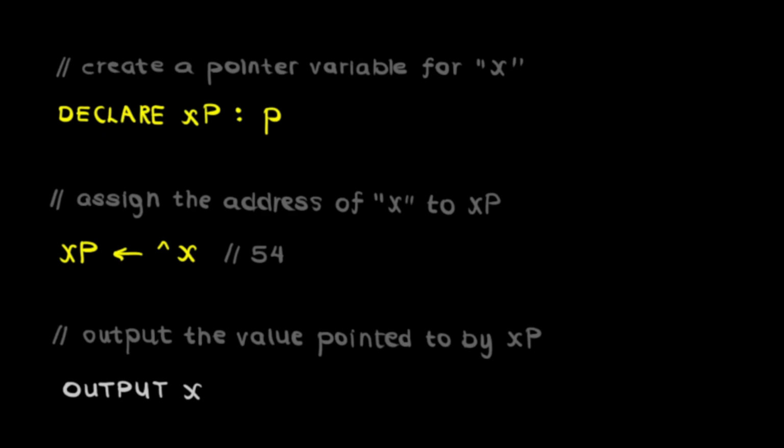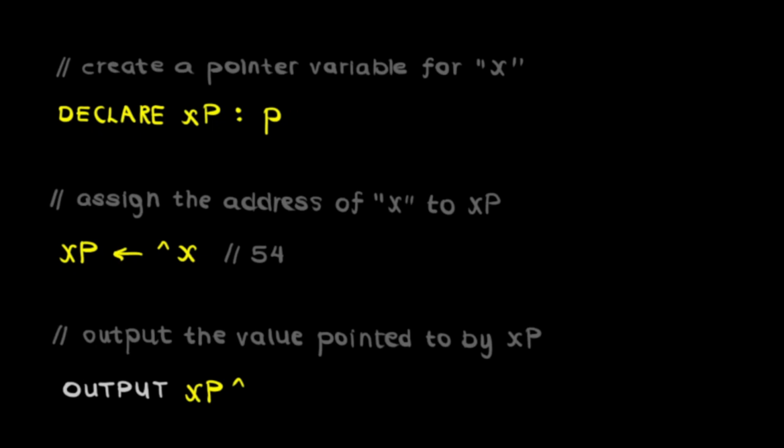But let's say I don't know that xp is pointing to x. I just want to use xp itself to print out the value that it's pointing to. I don't want to refer to x, but I want to refer to xp only. So the way I might do this is by doing output xp and then circumflex.